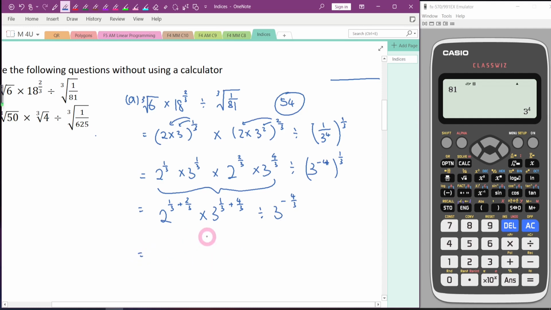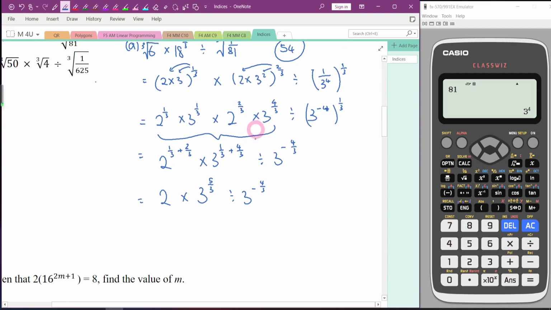Okay, so this will be 2. 1 over 3 plus 2 over 3 is equal to 1. You don't have to write 1. 1 plus 4, you will get 5 over 3. Okay, copy this one first. Actually, here you can do it faster, but because I want to show you clearer, I write a longer step. Divide is minus, right?